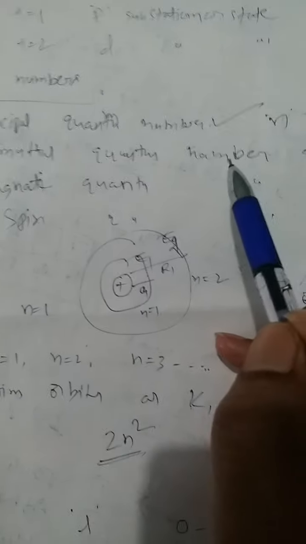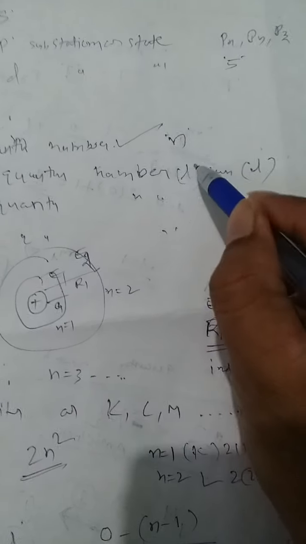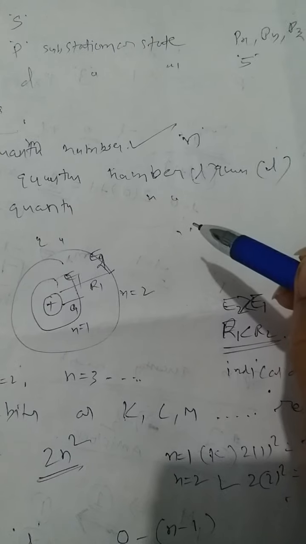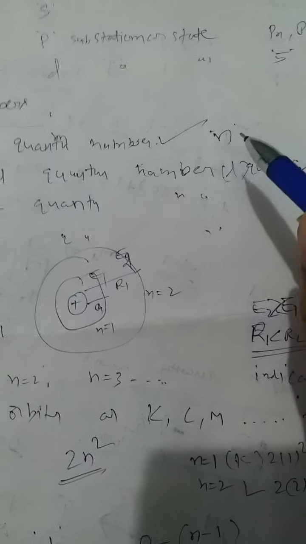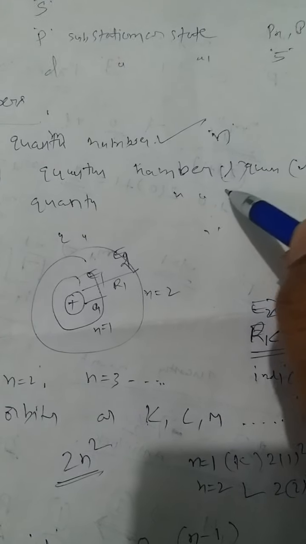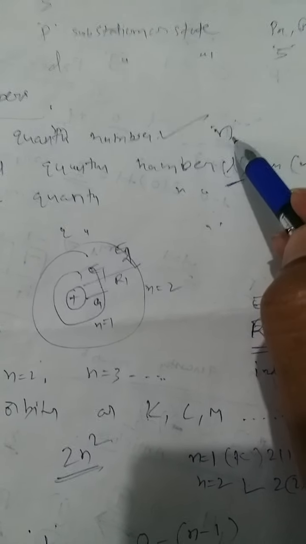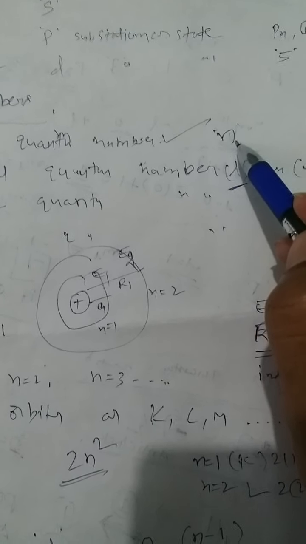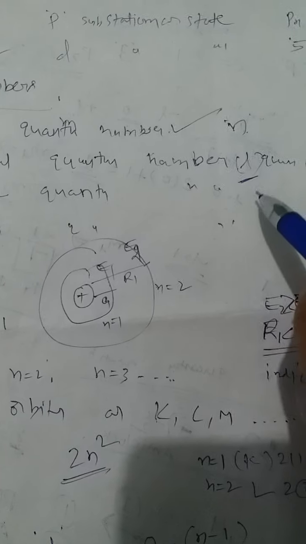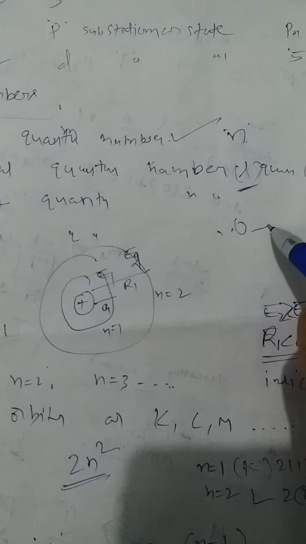Next one is the azimuthal quantum number. The azimuthal quantum number is also called the angular momentum quantum number, which is denoted by small l. These azimuthal quantum number l values depend on the principal quantum number values; they start with 0 and end with n minus 1.